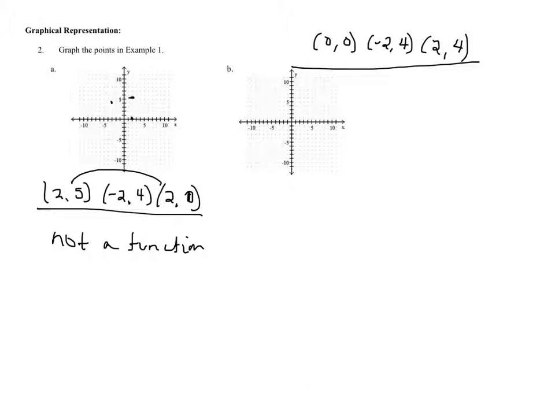Here are the points for part B: 0, 0, negative 2, 4, and 2, 4. These are side by side. Side by side is okay. Stacked is not good. So this is a function. No stacking.